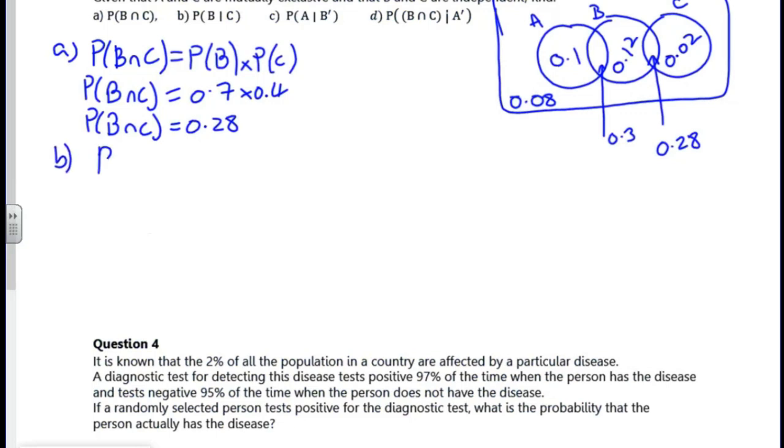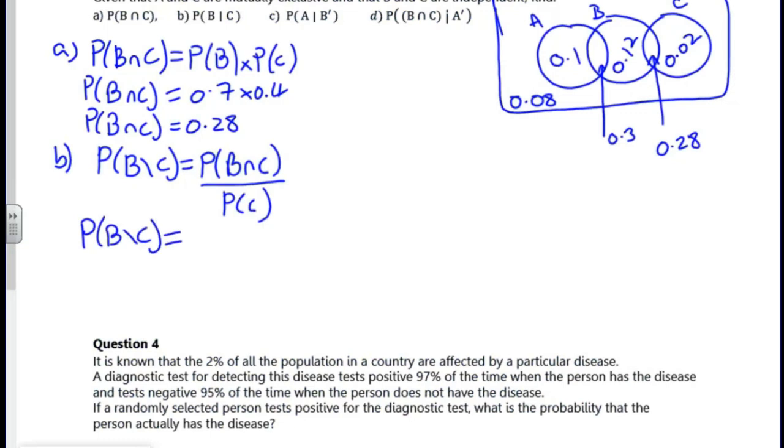So the probability of B given that C. So B and C over C. So B and C is 0.28. C is 0.4. That's going to give us 0.7.